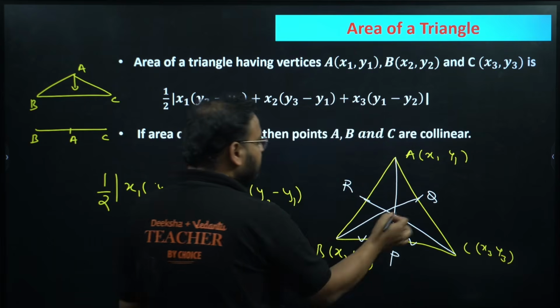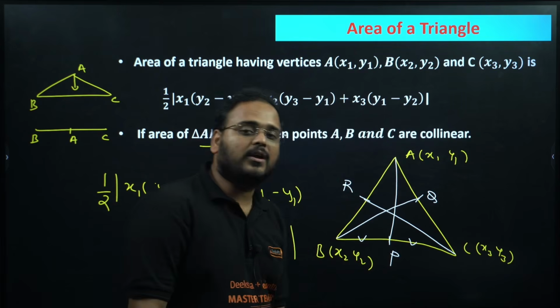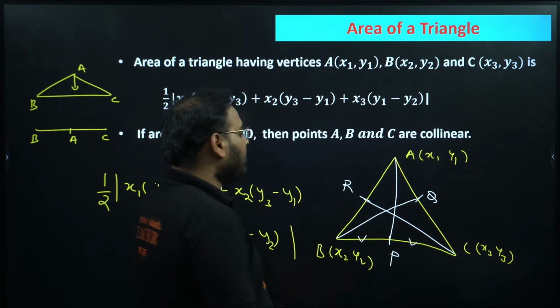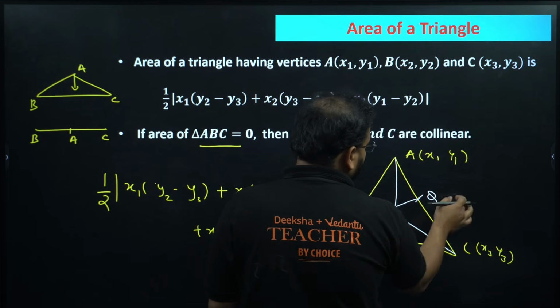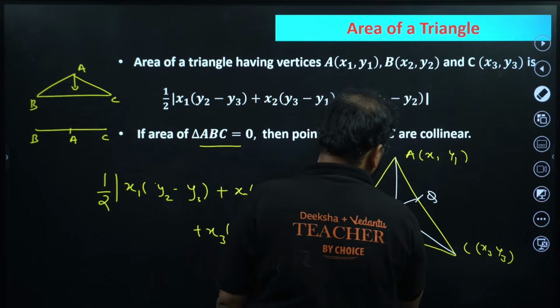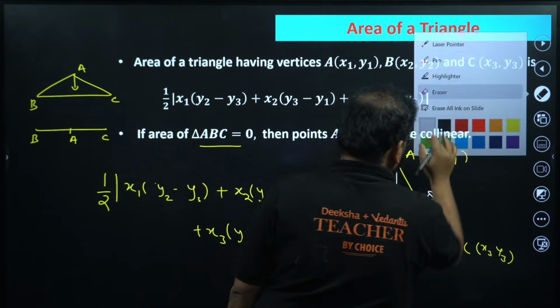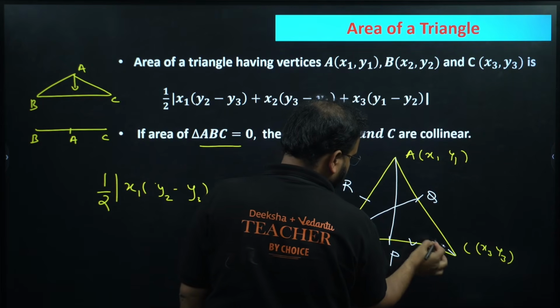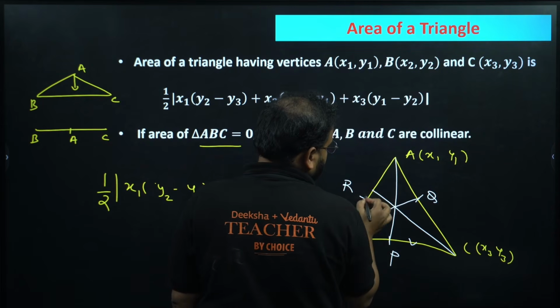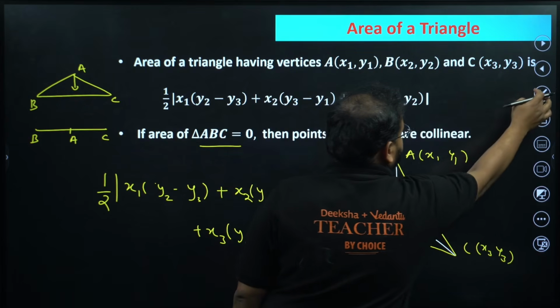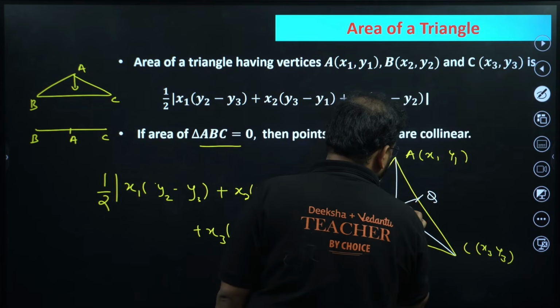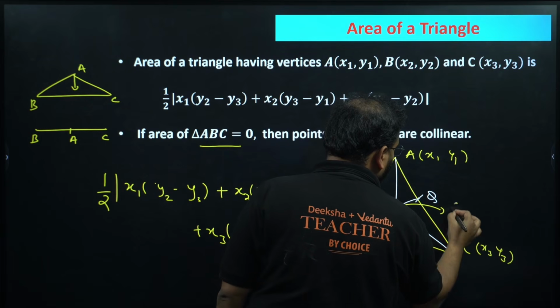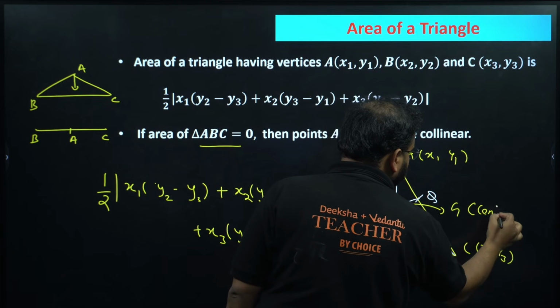So AP, BQ and CR are the medians. The point of intersection is not coming out accurate, so I'll erase this and draw it again to make it as per this question. So basically this is your point R. This point you see over here is called point G, which represents the centroid.